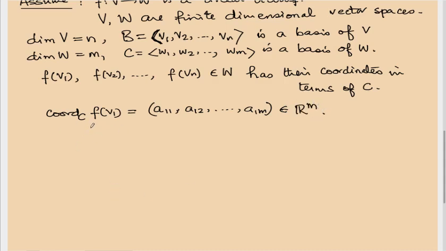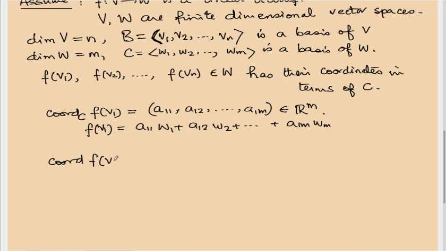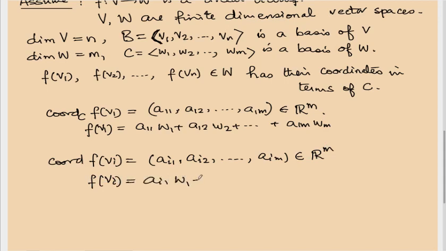It means that Fv1 is a11 w1 plus a12 w2 plus so on, a1m wm. Similarly, in general, the coordinates of Fvi are ai1, ai2, up to aim, which means that Fvi is ai1 w1 plus ai2 w2 and so on.